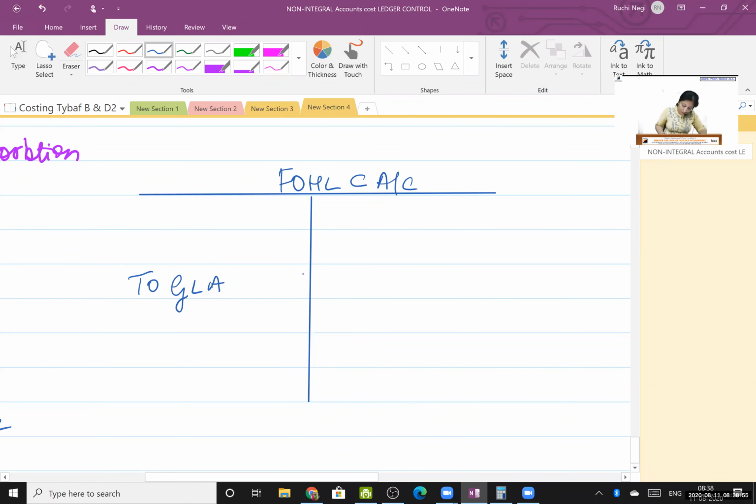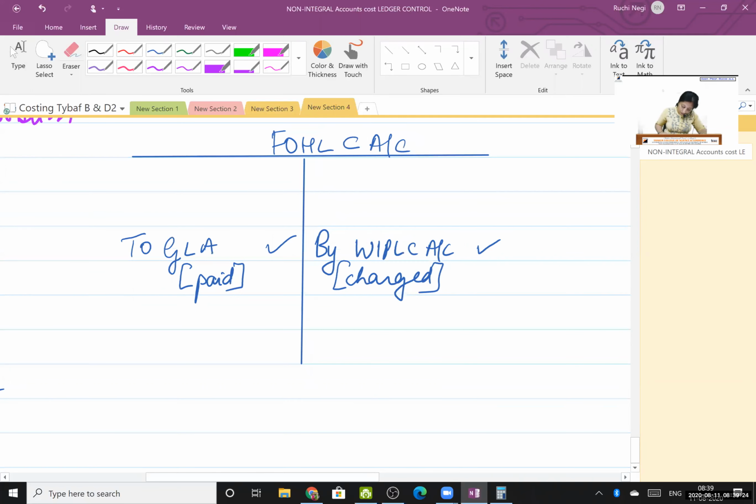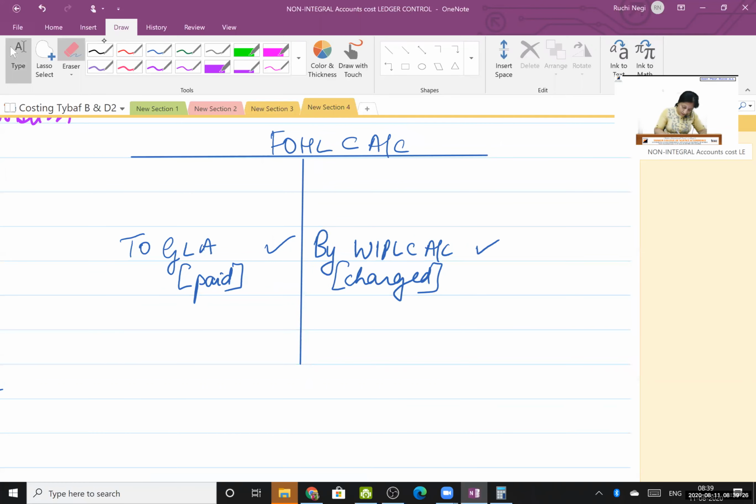GLA, this is the paid entry. Here also, on the credit side, also leave the first two lines. I'll tell you the reason then. Charge entry. This is the paid entry. This is the charged entry. And then we know the balancing figure. Either way, I'll tell you what to balance. Don't write anything like that.